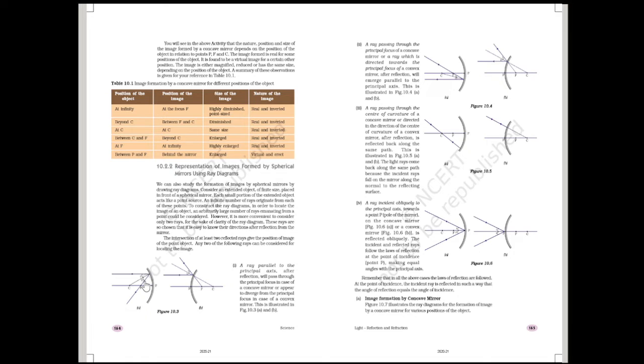The incident and the reflected ray follow the law of reflection at the point of incidence, making equal angles with the principal axis. I is equal to R.